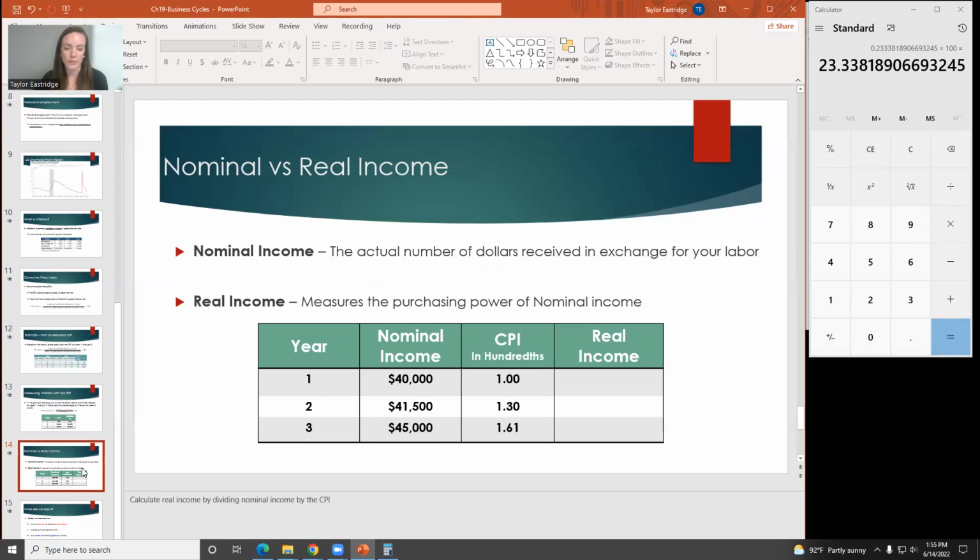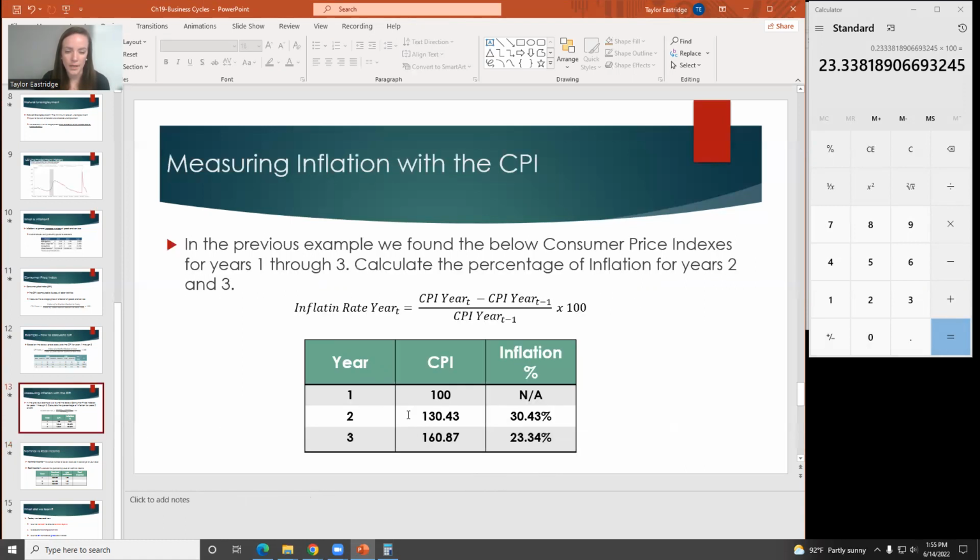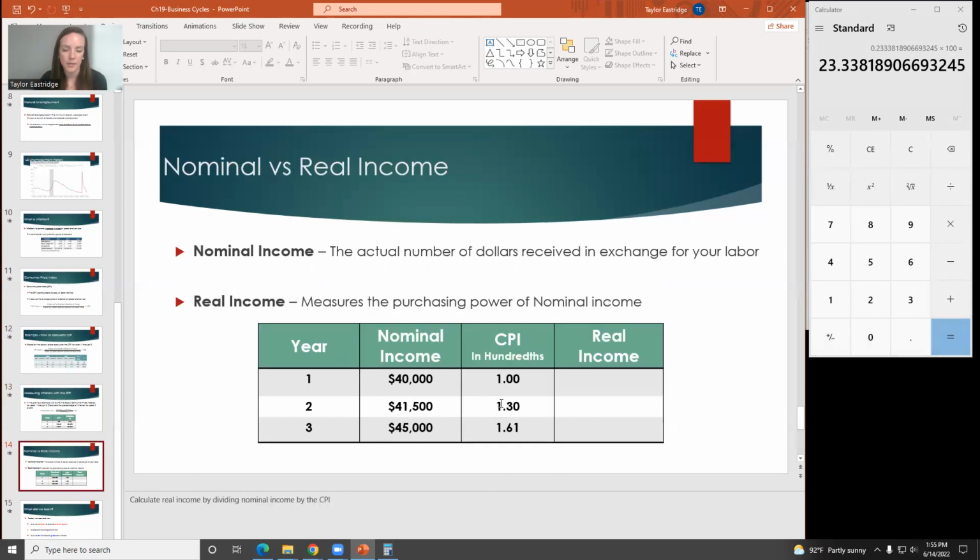So let's look at an example. Going back to the CPI that we calculated before, we've got, in hundreds, 1, 1.3, 1.6. This is just going back to that 130, 160. We're dividing it by 100 to get 1.3, 1.6. Let's say I'm a newly graduated student and I get a job and I make $40,000.